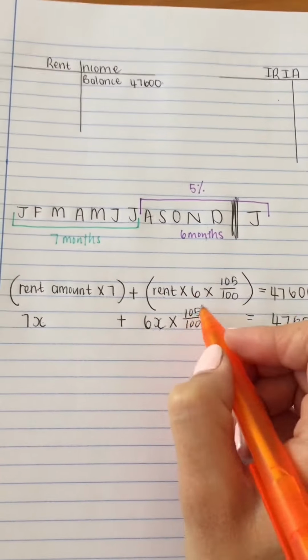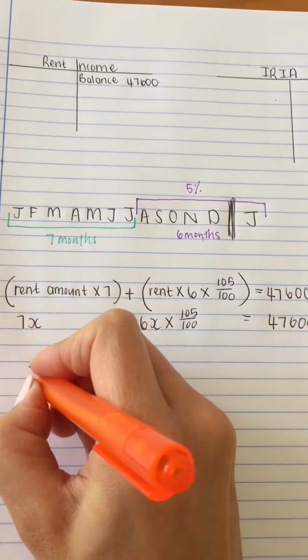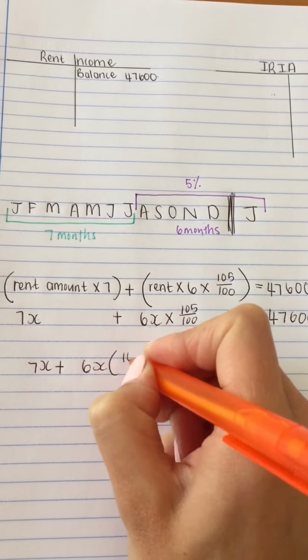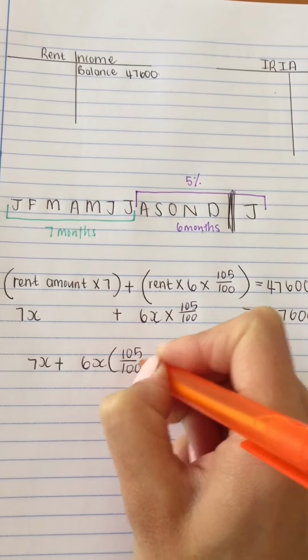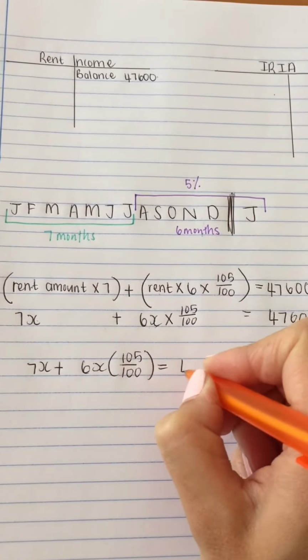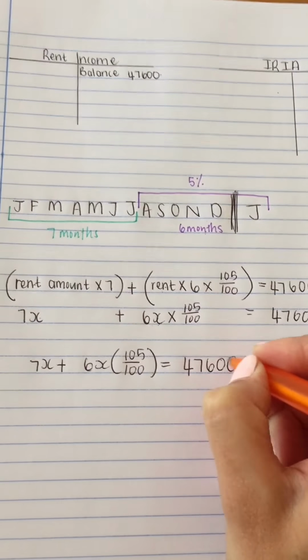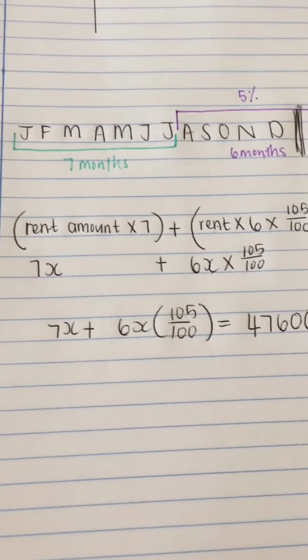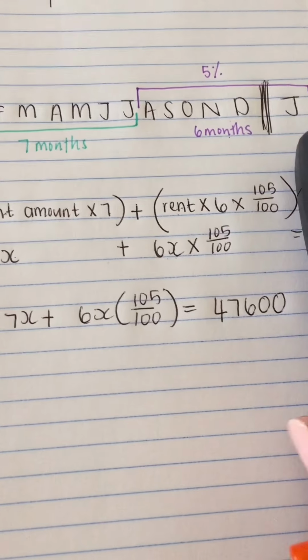Okay, I can go and write this in a simpler form even. 7x plus 6x times 105 over 100 equals 47,600.